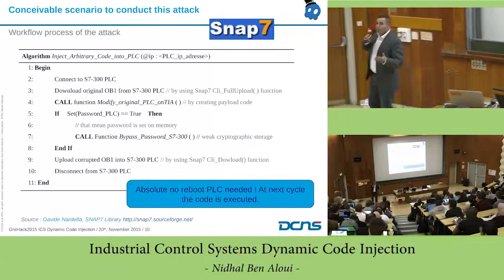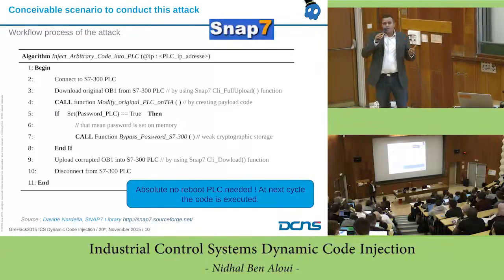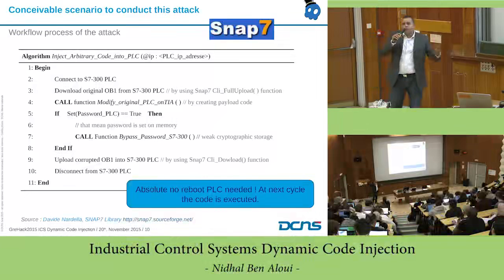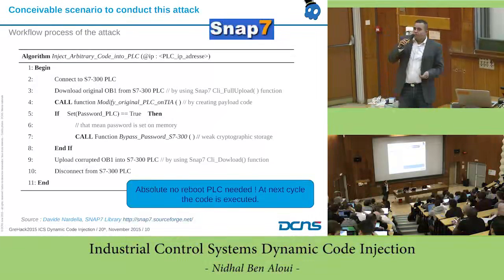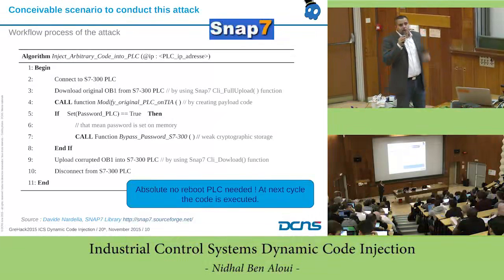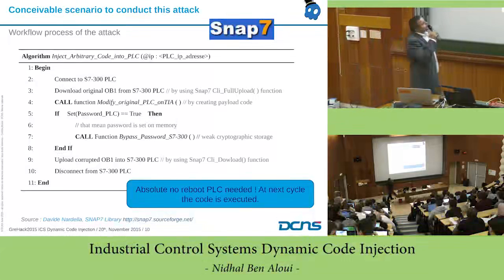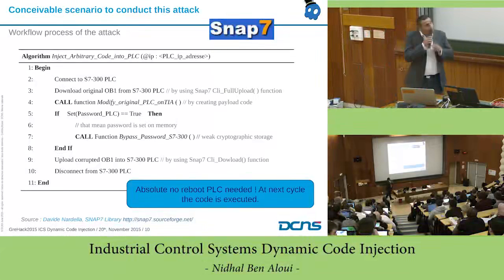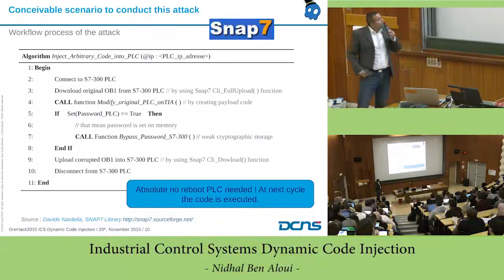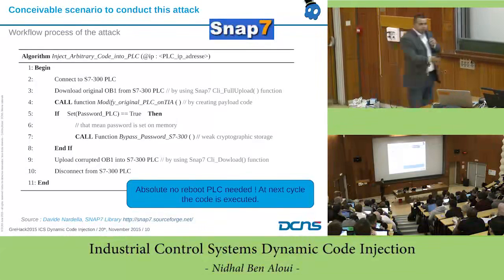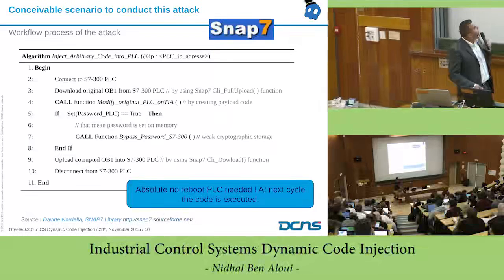Why do we download it? Because before modifying the payload, we need to understand the original source code, and the source code isn't encrypted. So it's not difficult to download it with this library. We open this OB1 file on the legitimate dev station.